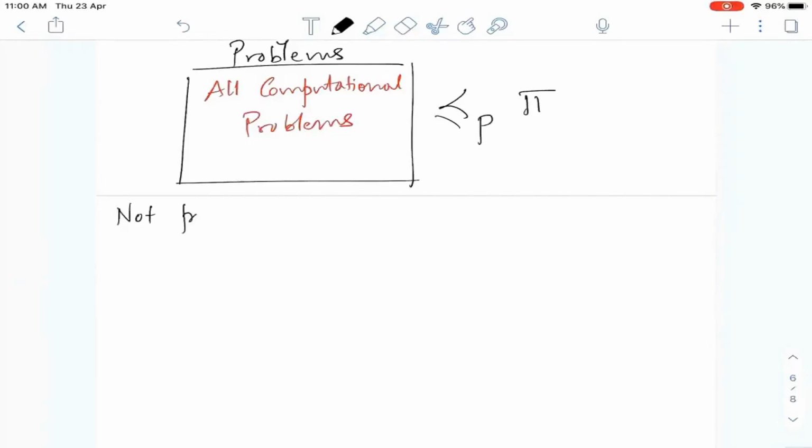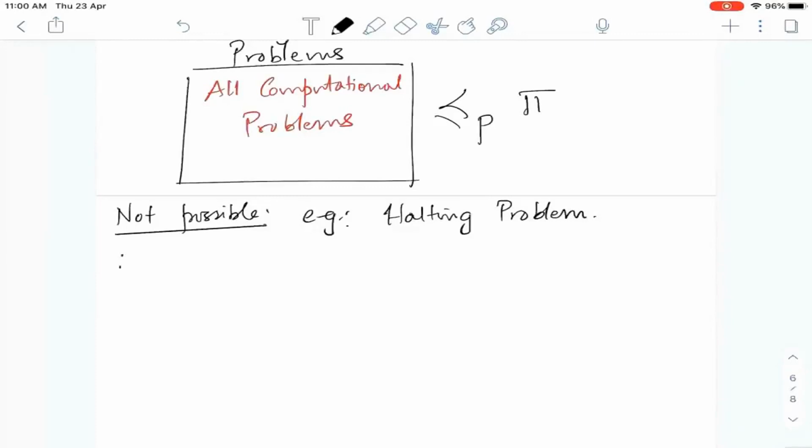Okay, so for example, in the case of the halting problem, right? The halting problem asks the following question. It's again a decision problem.